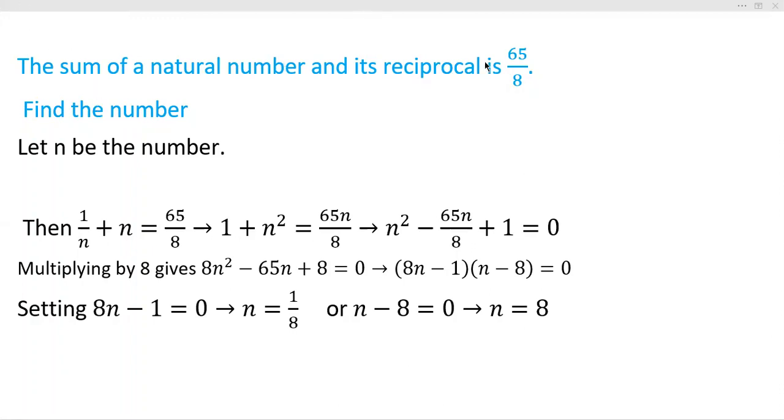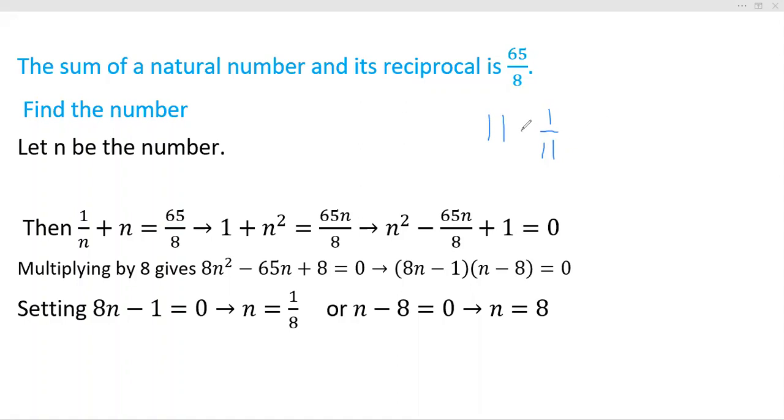Now, just a little bit of review on what we mean by reciprocal. Say, for example, 11. 11 and 1/11 are reciprocals because their product equals 1. If you multiply 11 times 1/11, you get 1.